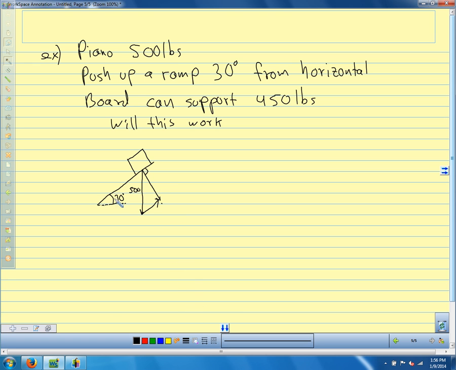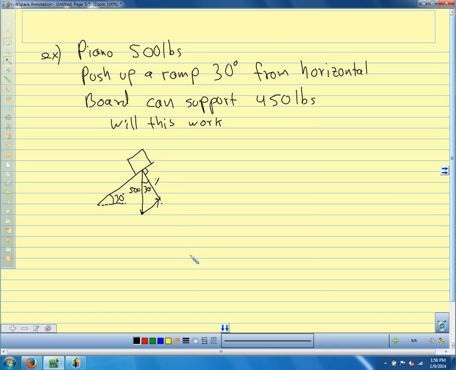All right, so if this angle is 30 degrees, what is this angle going to be? This one's 30. This one's also going to be 30. And we want to find the magnitude of this vector, and I'm going to label it x.